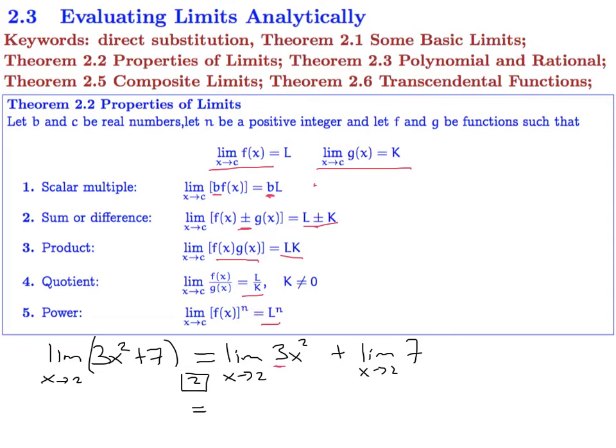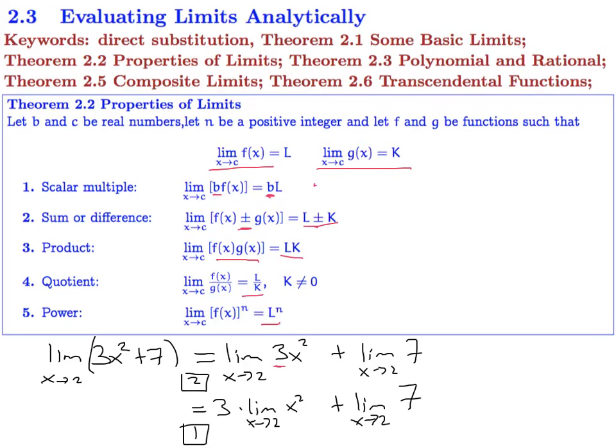So this is going to be equal to 3 times the limit as x approaches 2 of x squared plus the limit as x approaches 2 of 7. And now that I've simplified this quite a bit, I can do one more thing.